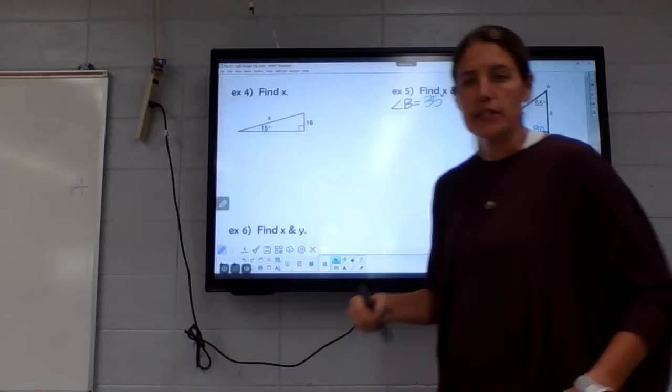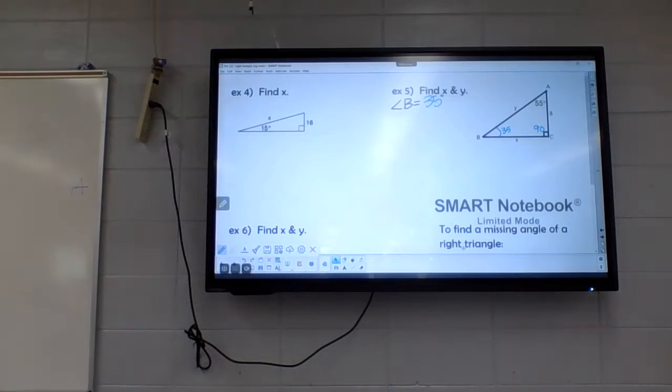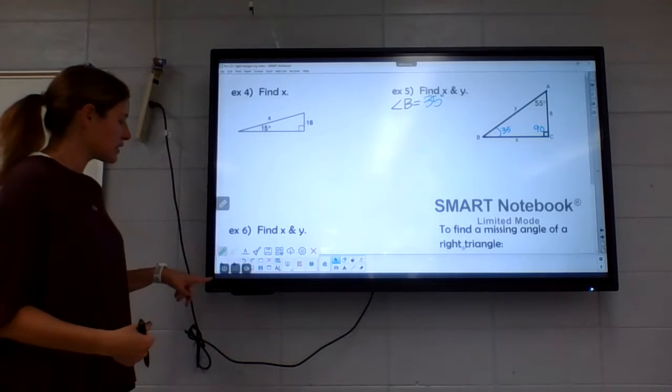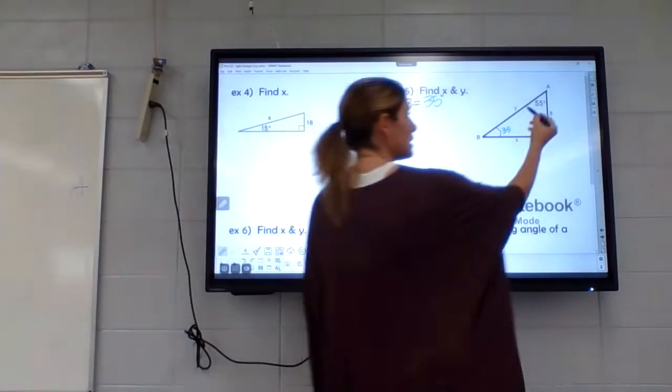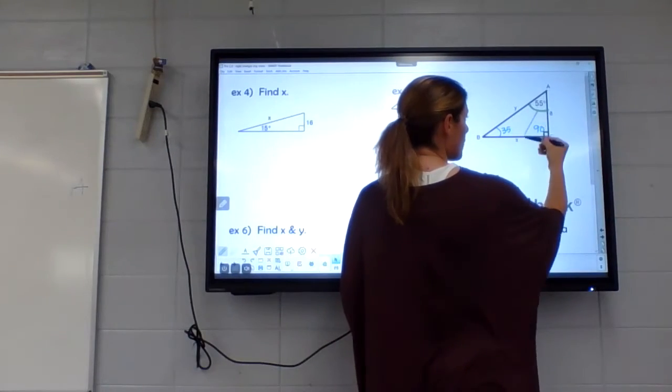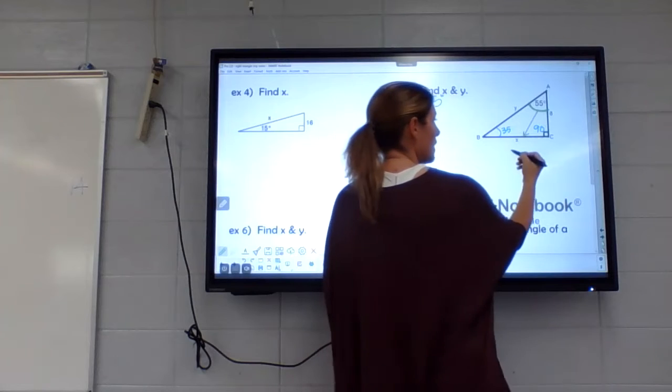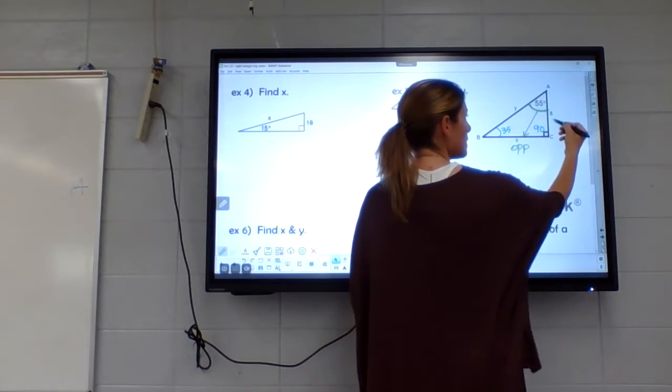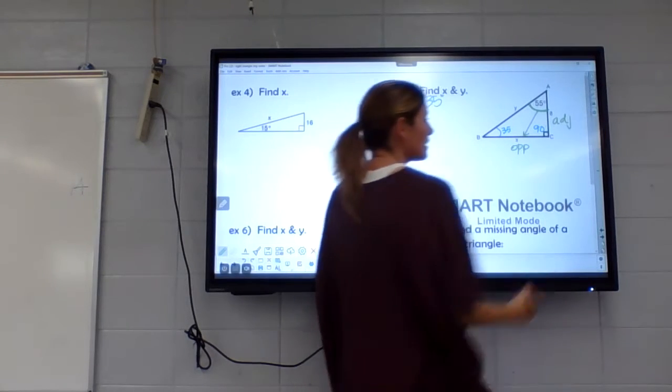All right, we want to also find x and y. I think one is easier to find than the other first. What do you guys find? I think x is easier as well. The reason I think x is easier is if we're using the 55 degrees, now you could use the 35 if you want, but if we use the 55, that makes this the opposite and this the adjacent.